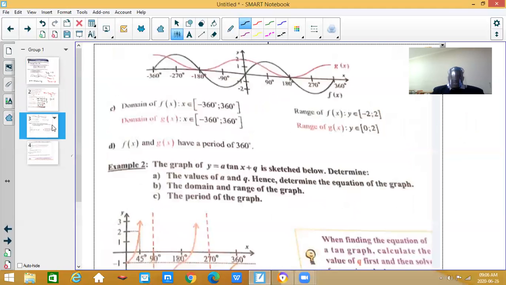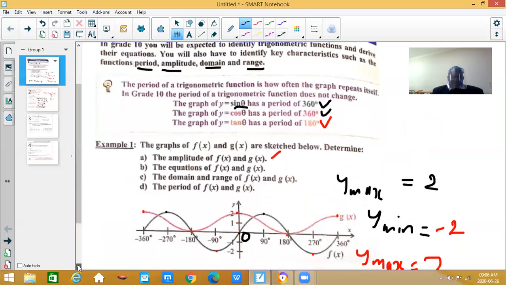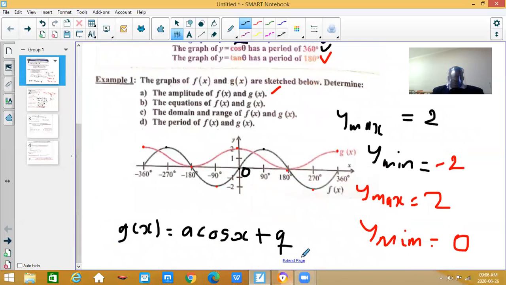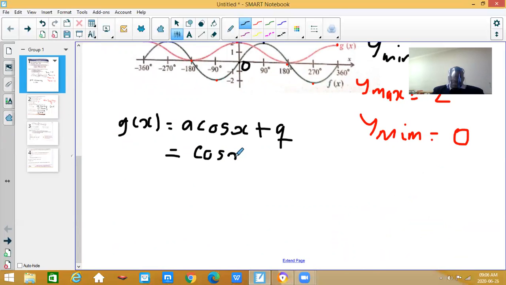So we are actually saying our amplitude is 1, meaning this one is going to be 1 cosine x plus q. This will give us g(x).